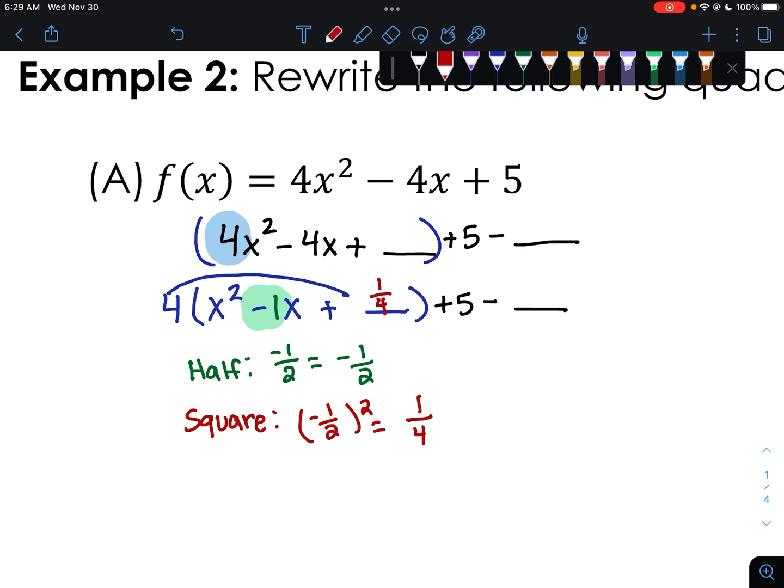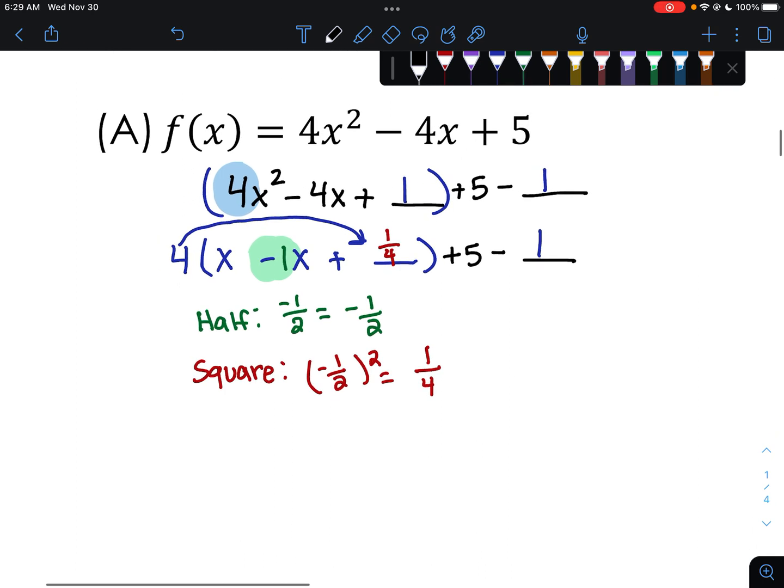Okay, so again, before I can put a number into this space over here, we have to take this 4 that we divided out and multiply it back up so we can get something to go here. So 4 times 1/4 is 1, which means I'm actually adding a 1 in these spaces. So you always have to distribute it back out before you can place it in that last blank.